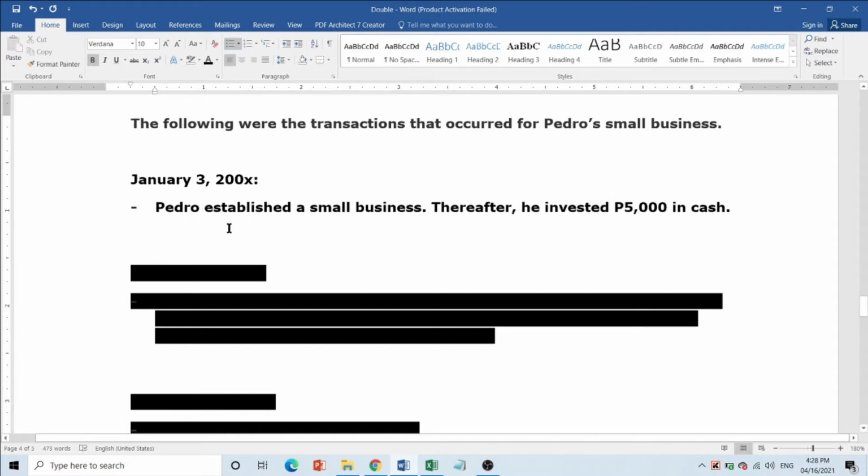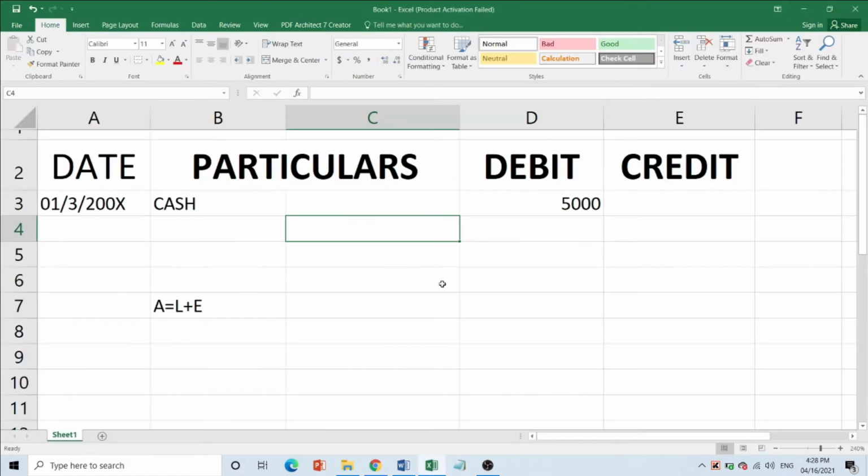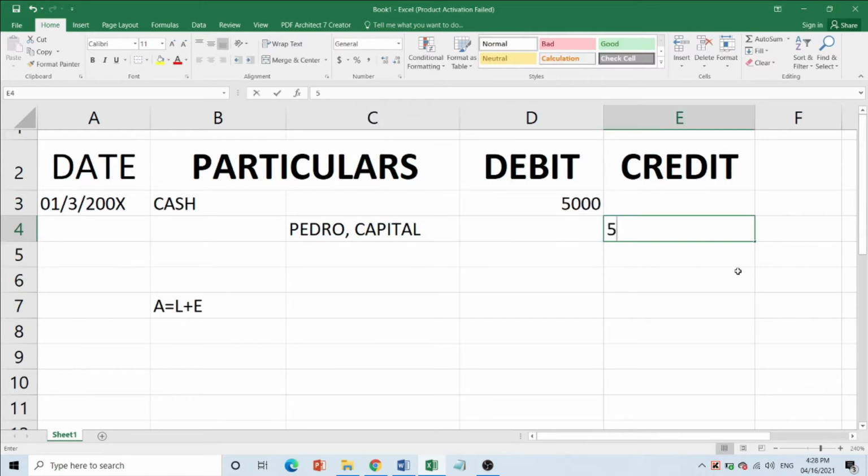Since this is a sole proprietorship business, pwedeng ilagay natin dito, Pedro Capital. Pedro Capital is an equity account. Nag-increase di po ba?